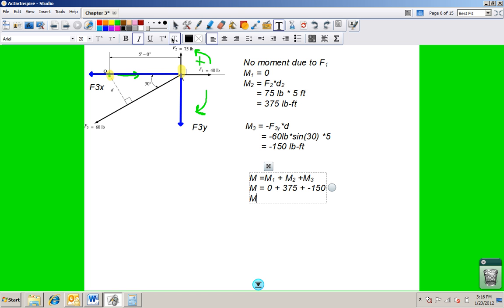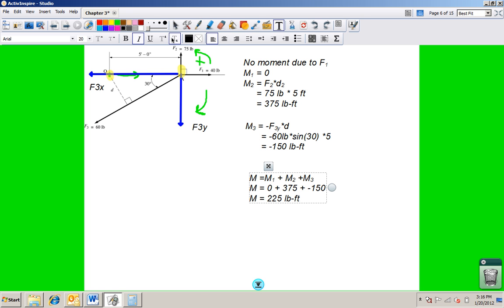Okay, so M is equal to, let's see, on a good day, 375 minus 150 will be 225, right? Alright, and the units on that are pound foot.